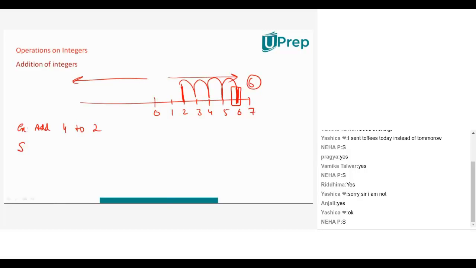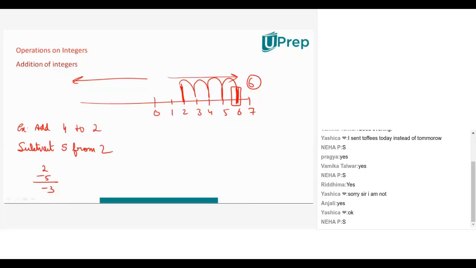On the other hand, how do we subtract? Logically we move to the left of the number line. Is this clear? This is very simple. For example, if I say subtract 5 from 2, guys, okay. Now if I have to subtract 5, I have to jump 5 times to the left.